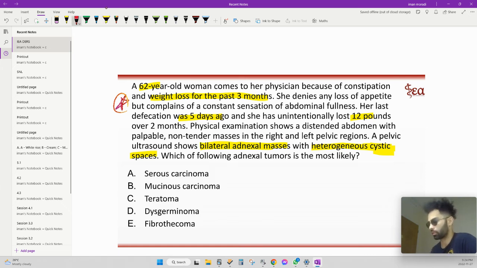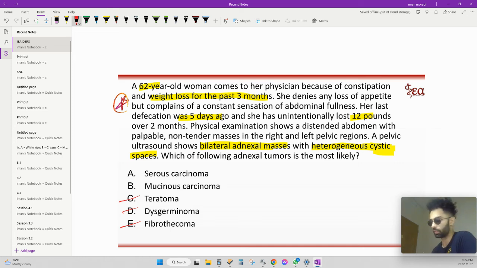Let's start reading. Serous carcinoma and mucinous carcinoma. Actually, these two were the things I was thinking of. It could be teratomas, but it can't be because they're usually unilateral. The only things that can really be bilateral are these, and metastasis.